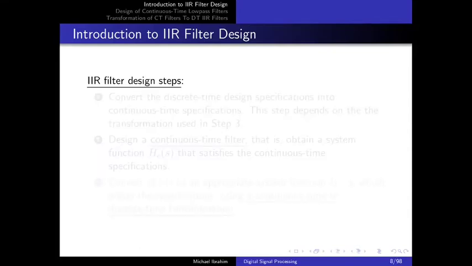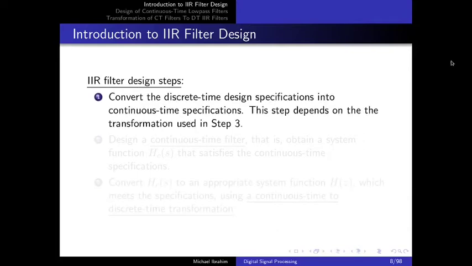So, the steps of designing an infinite impulse response filter go as follows. First, we will start with the specification of a discrete time filter. You will be asked to design a discrete time digital IIR filter with this kind of specification. First step, you need to convert this specification into continuous time specification.